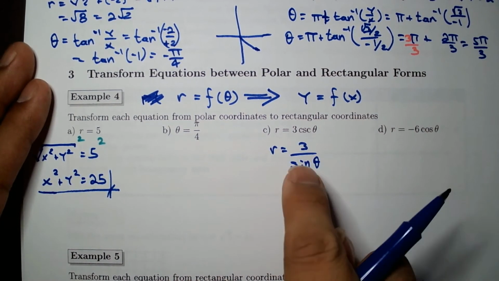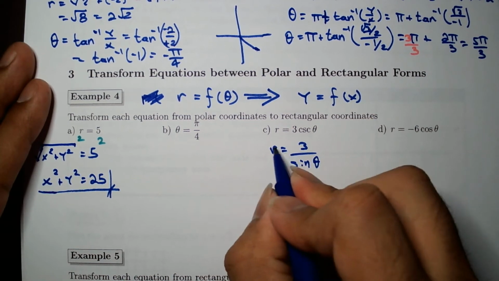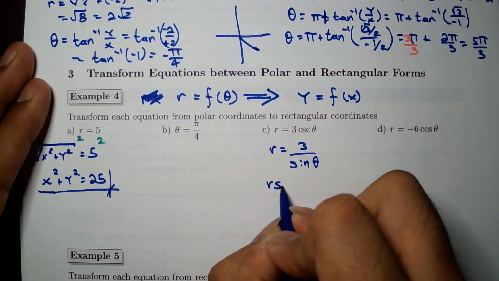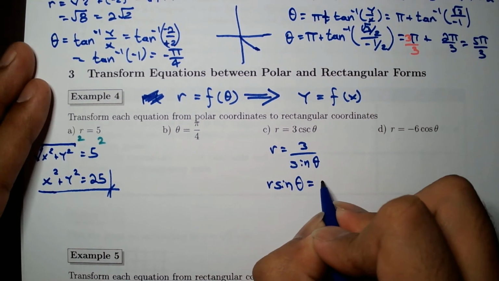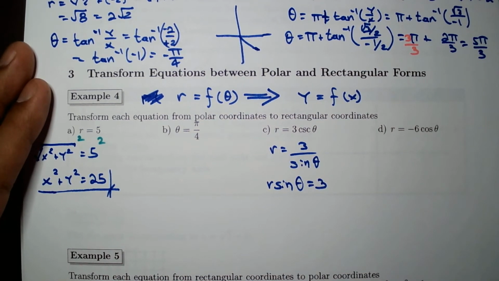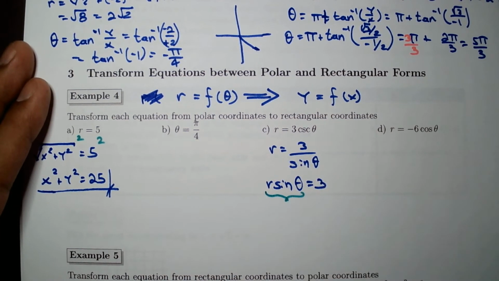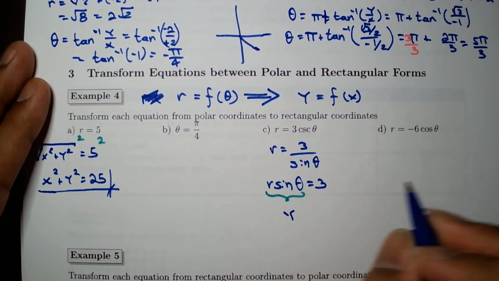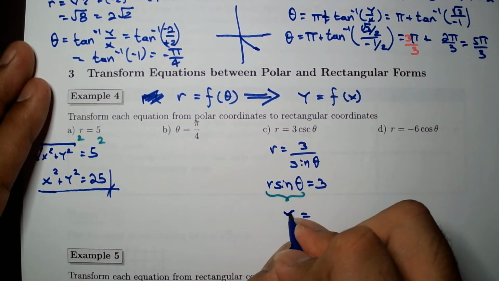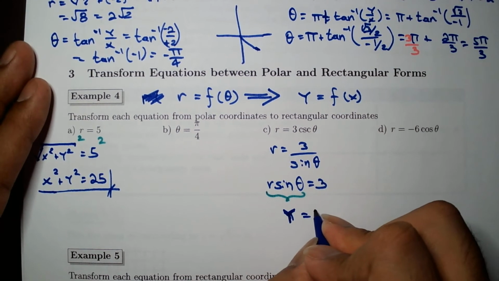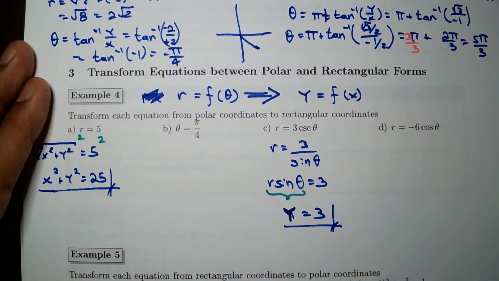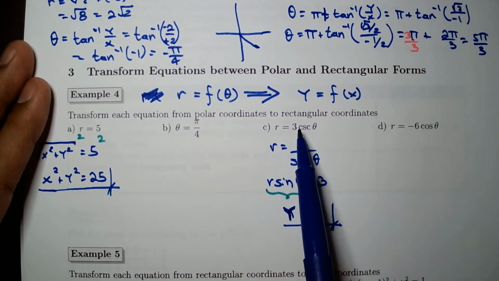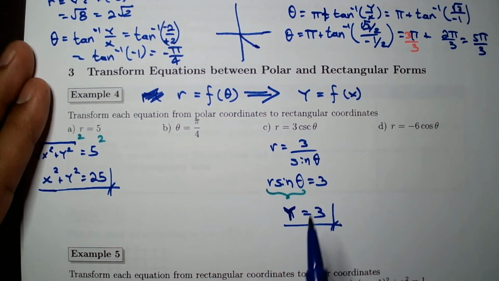All right, and then I'm going to multiply both sides by sine to get r sine theta equals 3. But what do we know about r sine theta? r sine theta ultimately is y. y equals 3, and that's the final answer. Ultimately, this r equals 3 cosecant theta represents the horizontal line y equals 3.